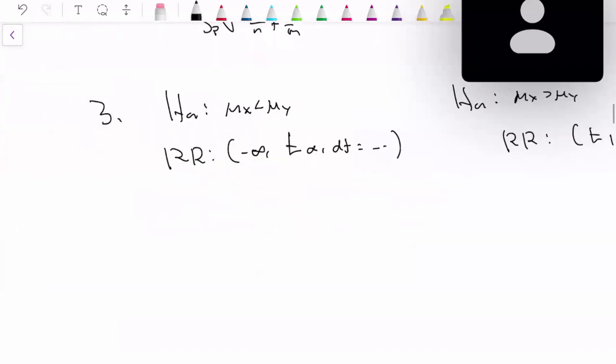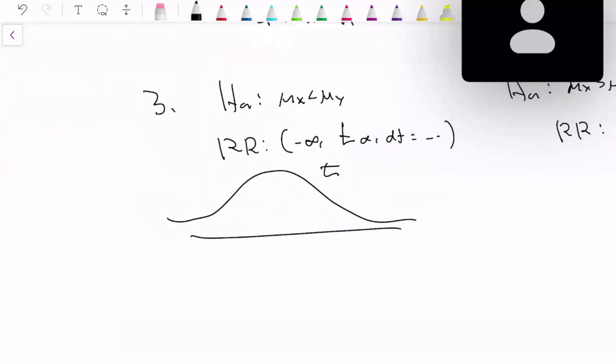So what this will look like is, imagine this is a t distribution with some degrees of freedom. And then this area here, let's say we kept the same alpha equal to 0.1. It'll be essentially whatever this t alpha value is, and then this will be 10% here.